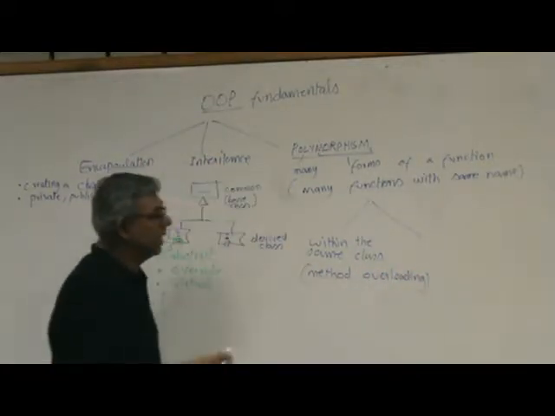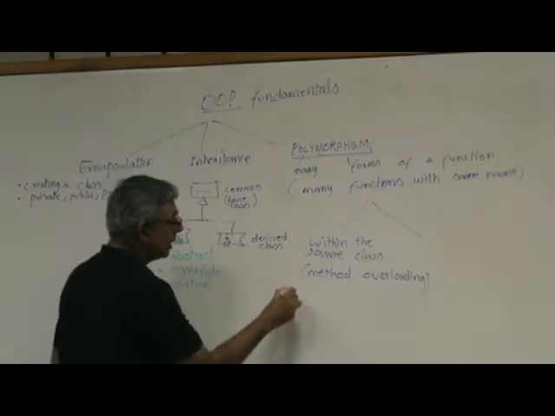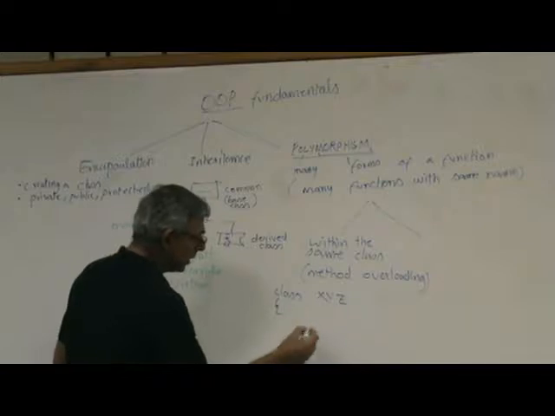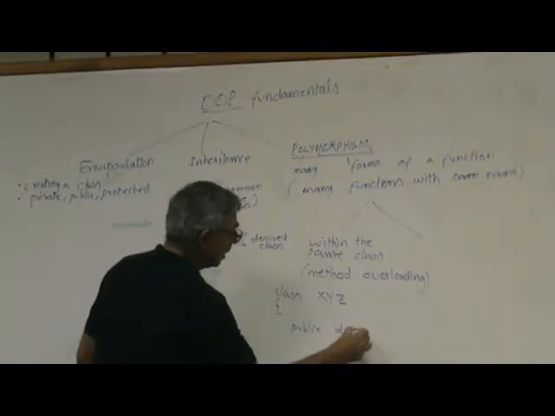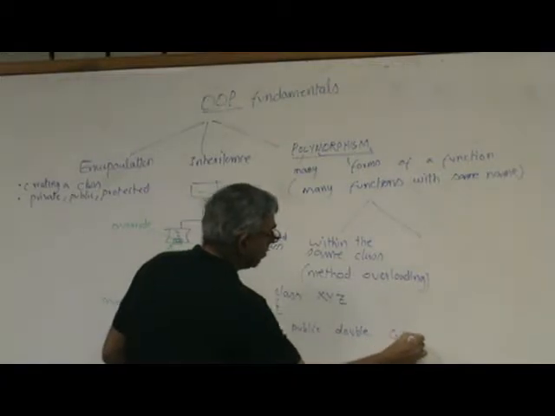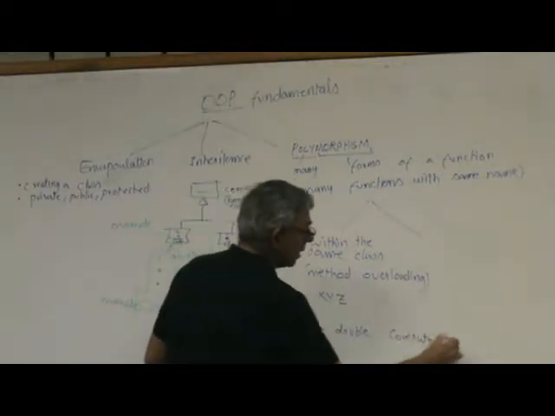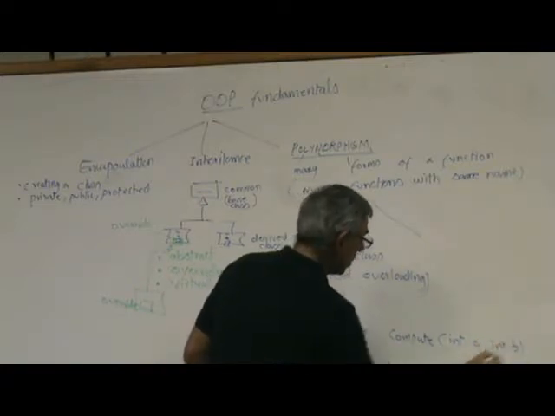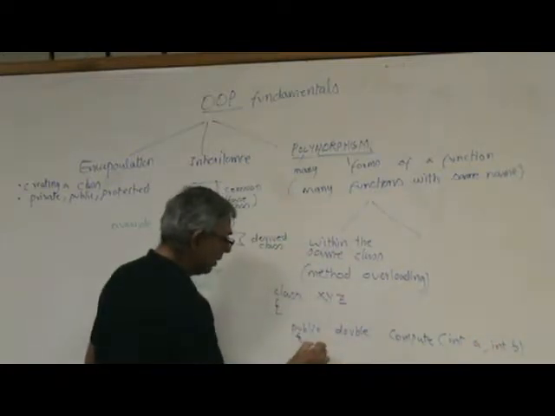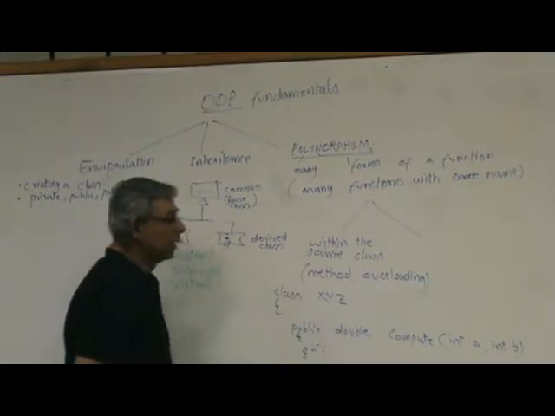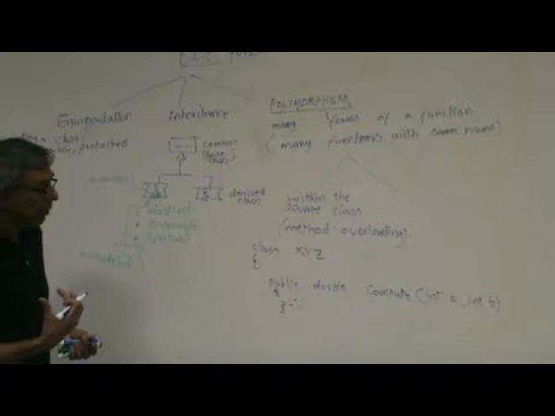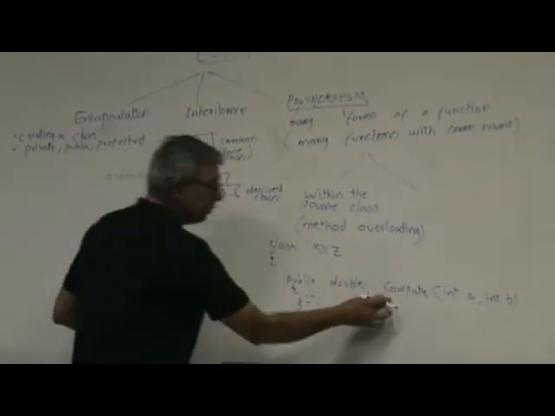Okay, so again, the idea was if you created some class, let's say XYZ, okay, suppose you created some function in it, public double compute, int A, int B, right? And you wrote some code in it, whatever that code is. Okay, so the question is, can we write one more method over here, which is also called compute?